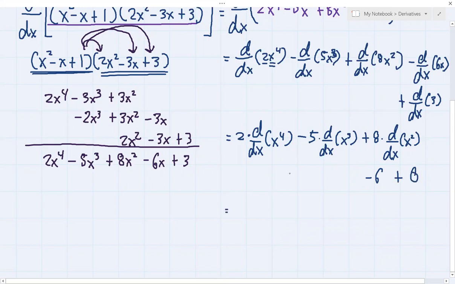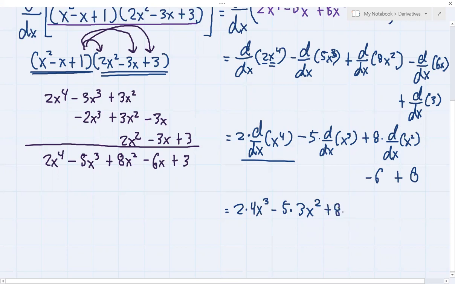So i-differentiate natin tong si x raised to 4 sa first term, basically. 2 times derivative ng x raised to 4, magiging 4x raised to 4 minus 1. Okay? So magiging 4x cubed to. So minus 5 times derivative ng x cubed, magiging 3x raised to 3 minus 1, which is maging 2 na siya.